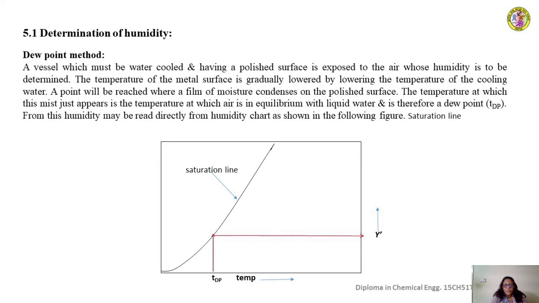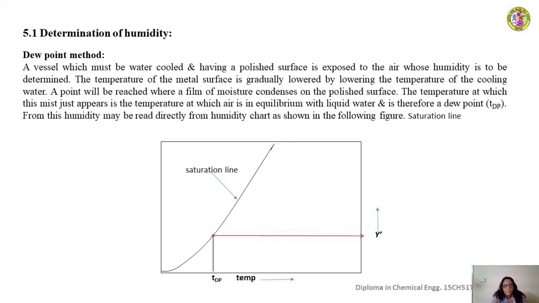That temperature is taken and it can be used to estimate the humidity of the given air as shown in this diagram. This is a simple diagram showing a humidity chart where only the 100% saturation line is shown, because that is the only line that is required for estimation of humidity. You have to mark whichever temperature you obtain in the experiment, that is your dew point temperature, on the x-axis. From that dew point temperature point, you can read the humidity chart by constructing a straight vertical line.